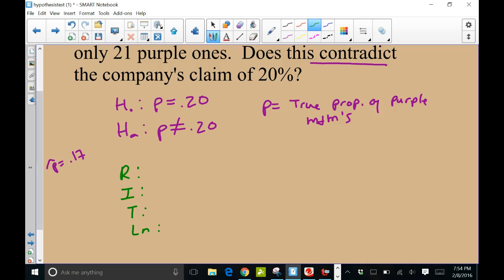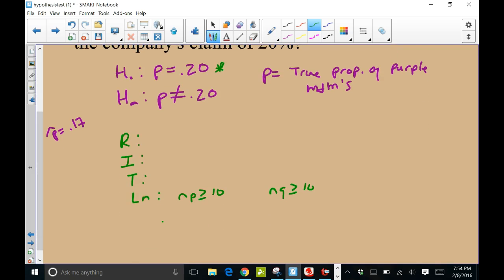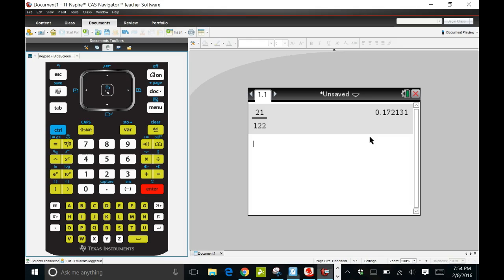Now, remember, we're assuming the null is true, so that's the value we're going to use when we check our conditions. So our N was 122 times 0.2, and our Q will be 122 times 0.8. And I'm pretty sure that those are bigger than 10, but let's just go over here. 122 times 0.2 is 24.4.